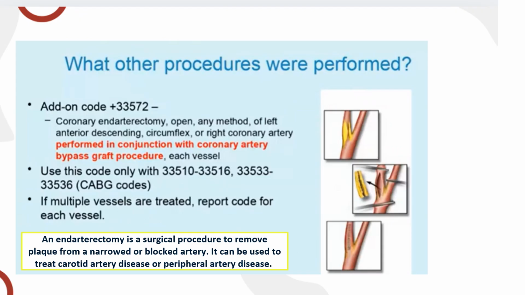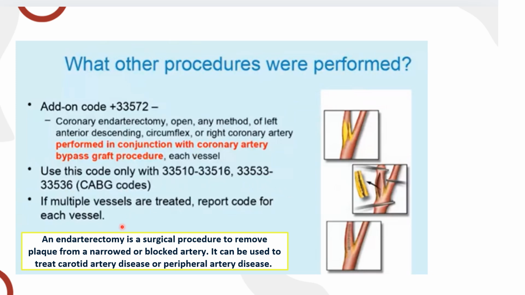Along with the CABG, if any other procedures are performed, like endarterectomy, then we have to report that along with the code 33572. This is the code for the coronary endarterectomy. Use this code only with 33510 to 33516 or 33533 to 33536.